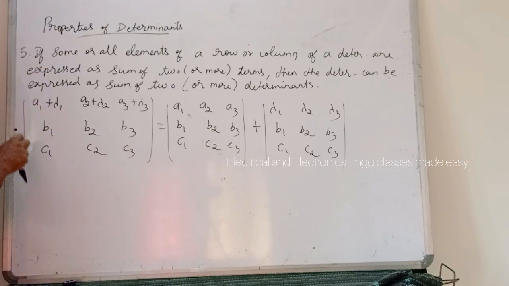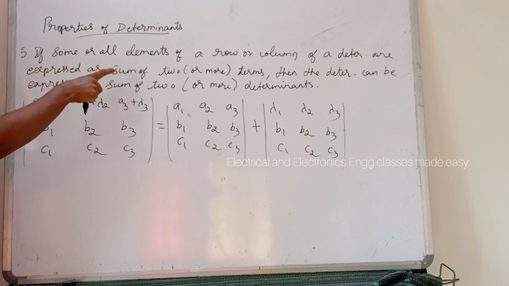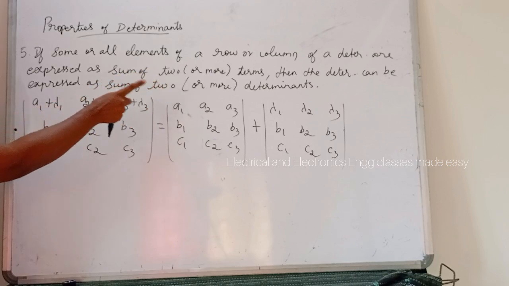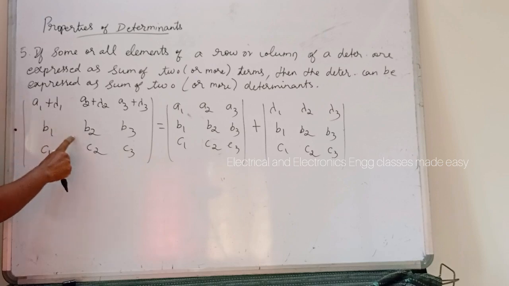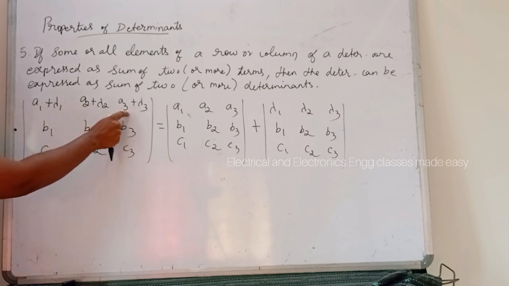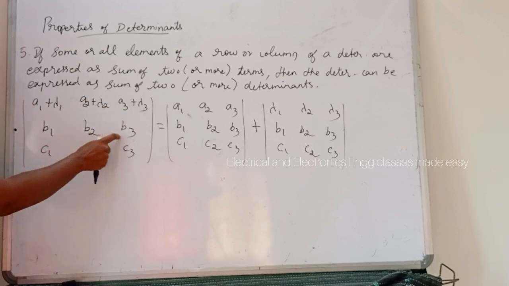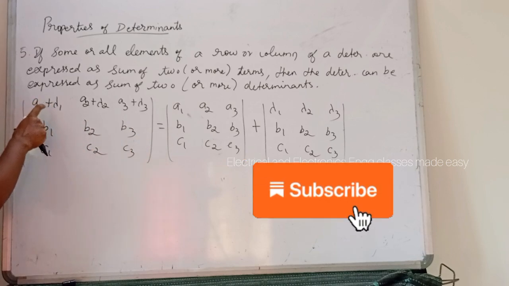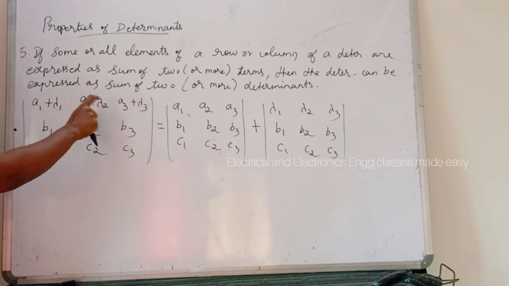Next property is, if some or all elements of a row or column of a determinant are expressed as sum of two or more terms, then the determinant can be expressed as sum of two or more determinants. For example, the determinant of A1 plus delta 1, A2 plus delta 2, A3 plus delta 3, B1, B2, B3, C1, C2, C3 can be expressed as the sum of two determinants, since the first column is expressed as sum of two terms.